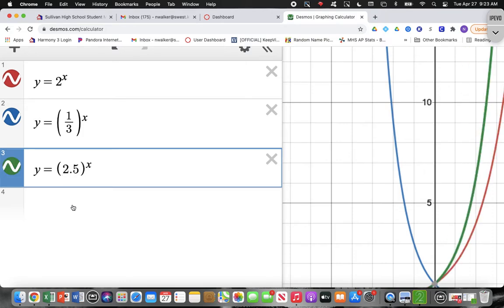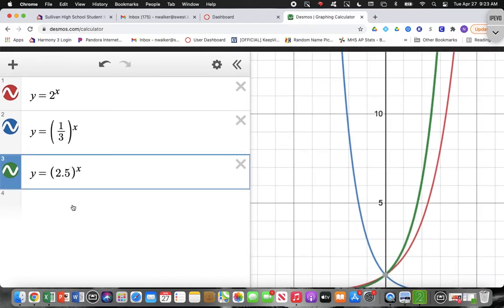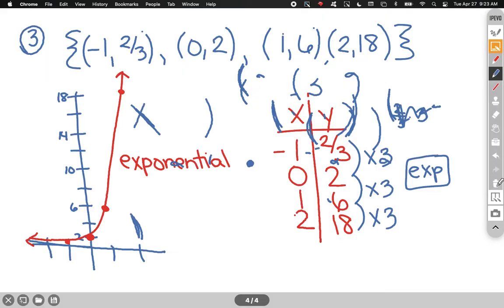Whenever you are looking at exponential growth and decay, there's a short little rule, and we are going to write those. With an exponential function, you have a base and then an exponent.